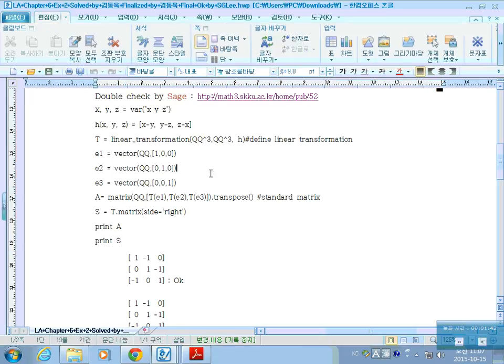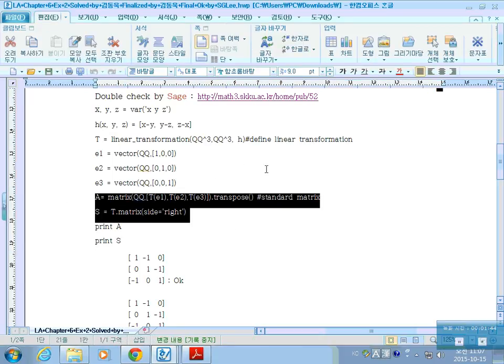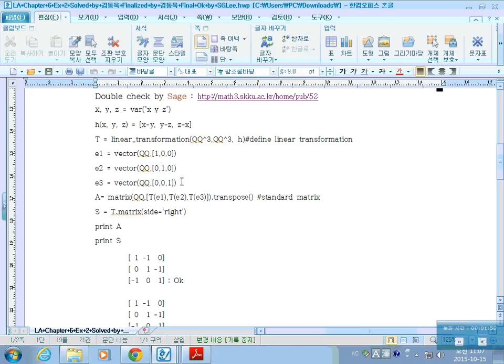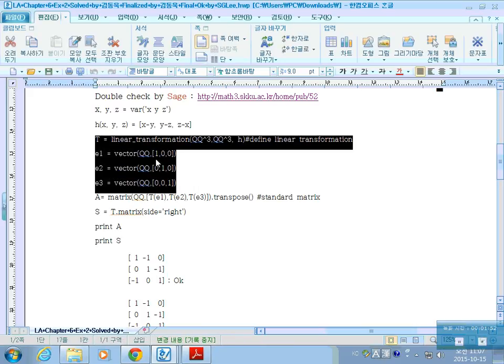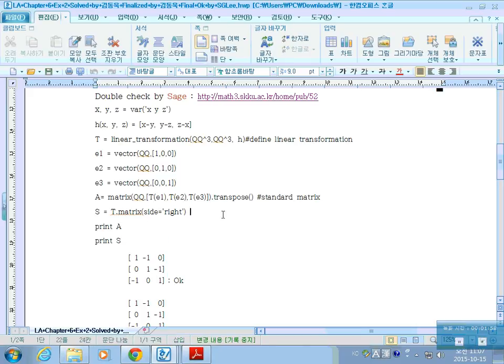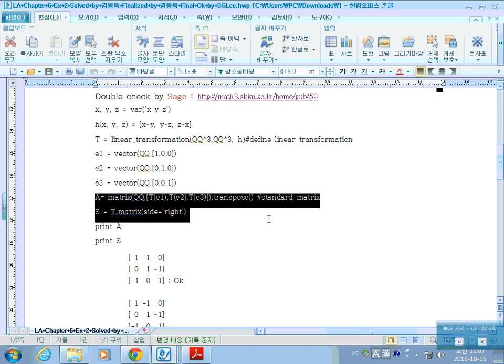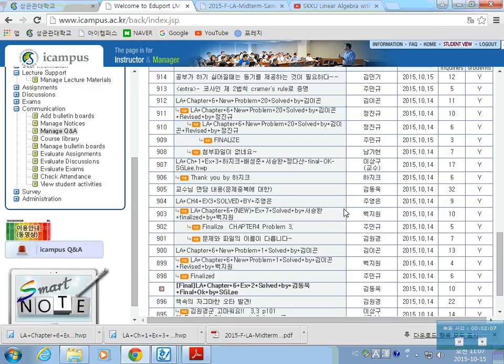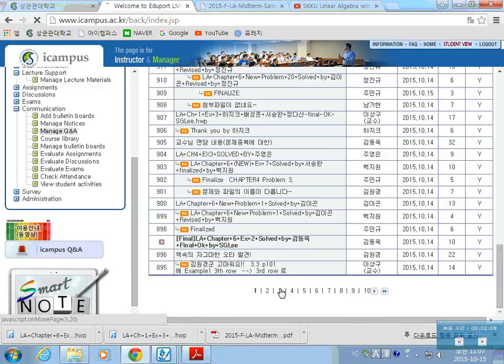He even tried to find the same standard matrix of a given linear transformation in 2 different ways. He used this command to find the answer, and he also used the other command to find the standard matrix of the given linear transformation.